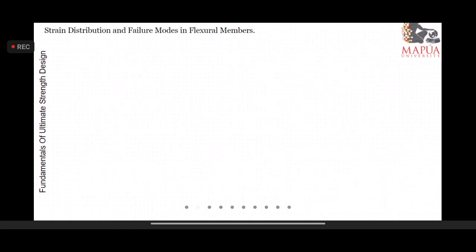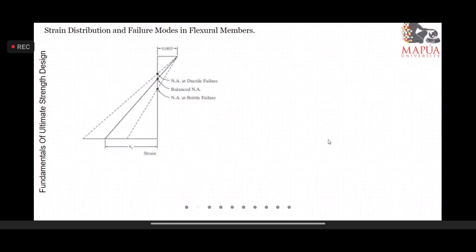The strain distribution of failure modes in flexural members. If we are dealing with this type of strain magnitude, for example, you did compute the strain for the steel and it deals with this type of balanced neutral axis, then we are dealing with a sense of ductile failure.